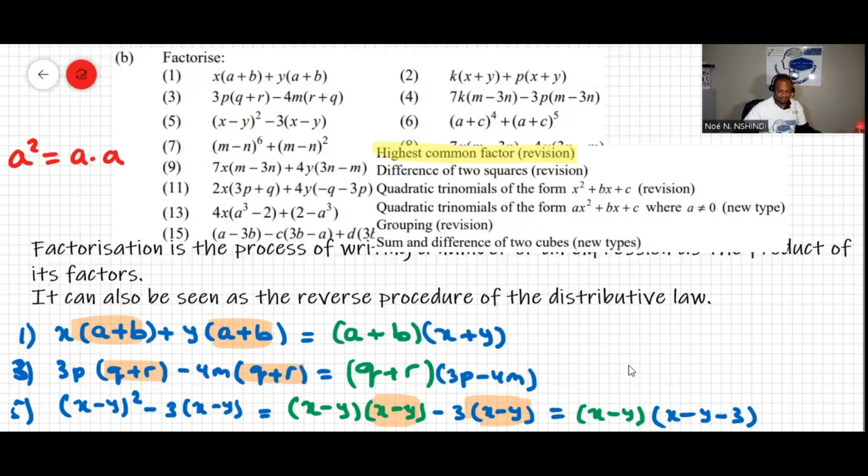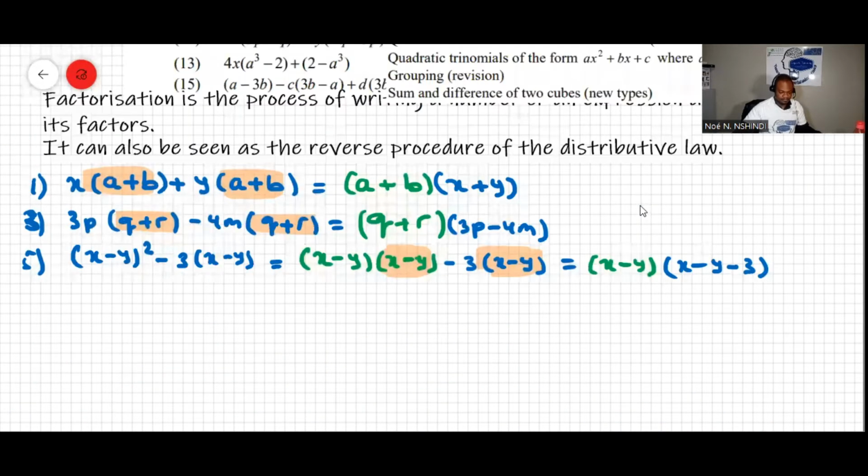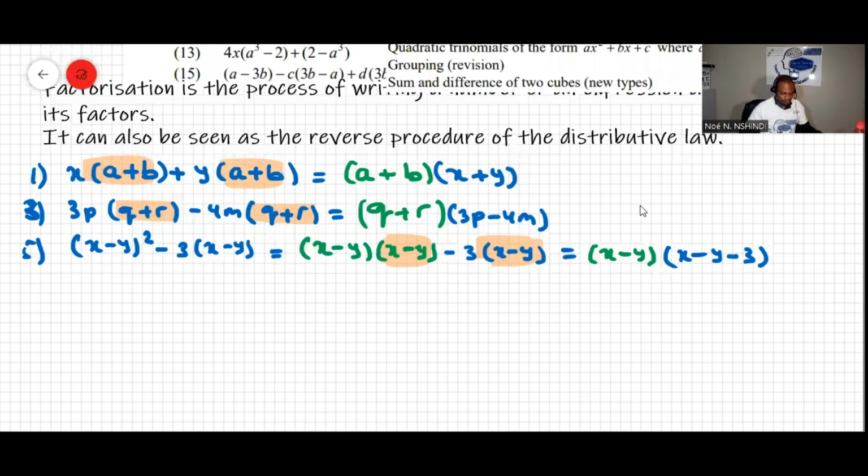Maybe we should do this one. Question 6. We have a plus c raised to the power of 4 plus a plus c to the power of 5. Now, the common factor here will be a plus c to the power of 4.